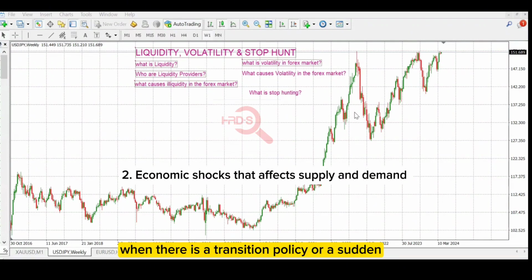For instance, when there is a taxation policy or a sudden change in the price of oil, this will affect the forex volatility. If the cost of living of citizens are affected negatively, they will not have resources for investment in the financial markets. This will reduce activity in the forex markets.